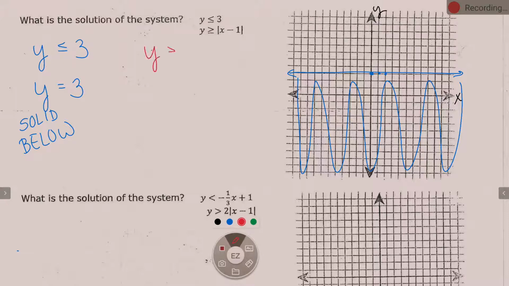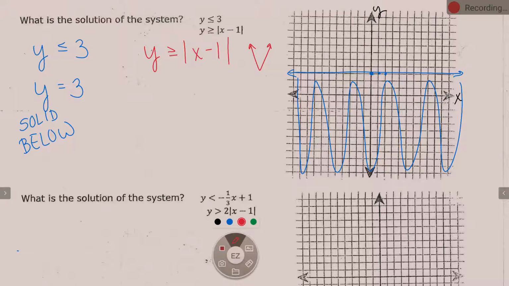Now, next one. y greater than or equal to absolute value of x minus 1. Some people are talking about V's. Why are we talking about V? Because of the absolute value. Remember last chapter we learned that an absolute value is a V-shaped graph, isn't it?